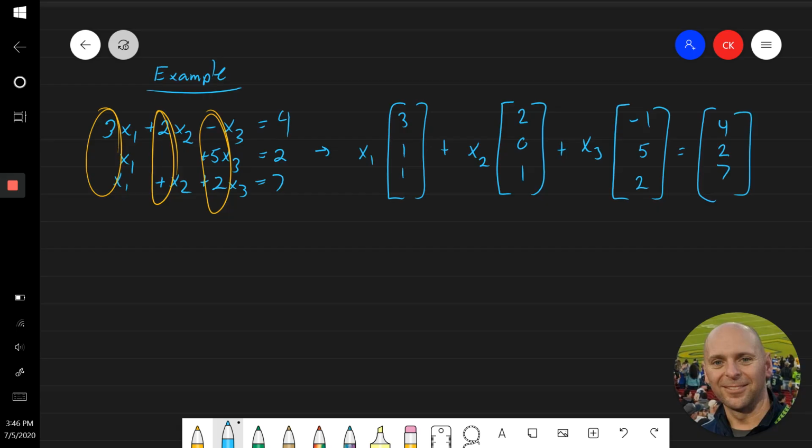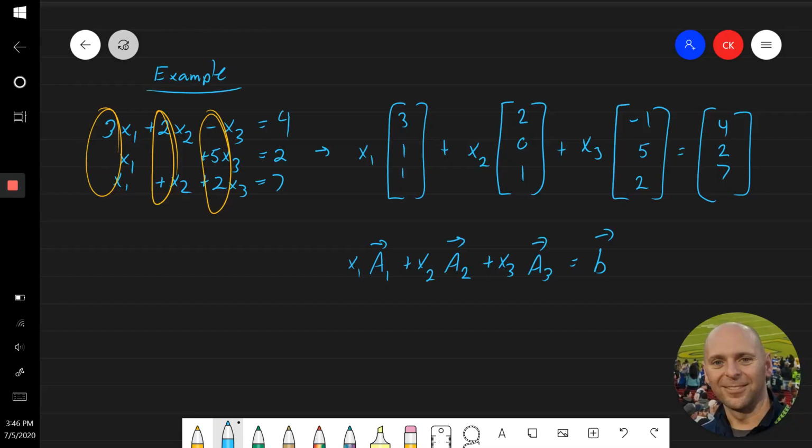We could also write this out as x1 times a1, where this is a vector a1, plus x2 times vector a2, plus x3 times vector a sub 3. And then lastly, we'll just call this constant vector 4, 2, 7. We'll call that vector b.